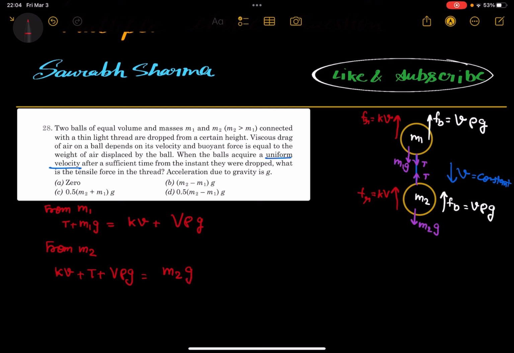If we subtract both equations, equation number 1 and equation number 2, we will get the result.